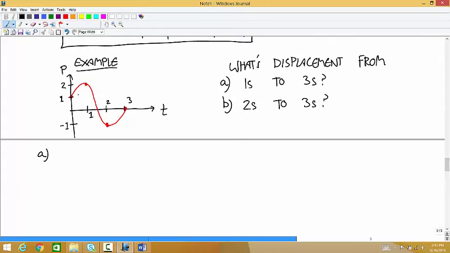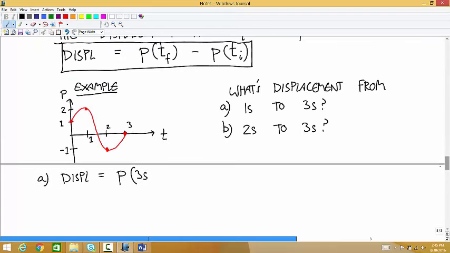Okay, so for part A, based on this curve, we know that the displacement is going to be the position at 3 seconds minus the position at 1 second. Based on this graph, what's the position at 3 seconds? Yep. So that's 0 is the position at 3 seconds. Just go across to 3 seconds and the height is the position.